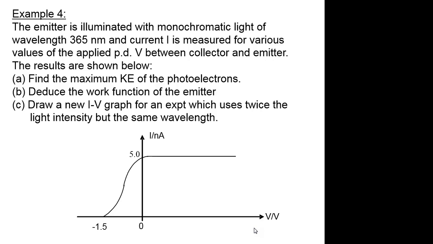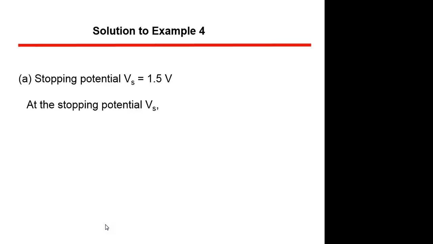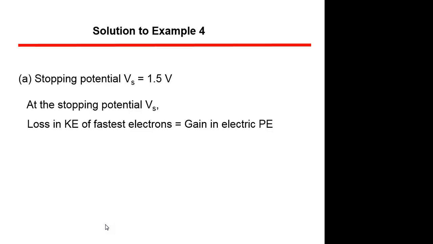So the maximum Ke of electrons depends, in my revision just now, on the stopping potential. The stopping potential is 1.5 volts. To measure the energy of electrons, which is the Ke, you use conservation of energy.